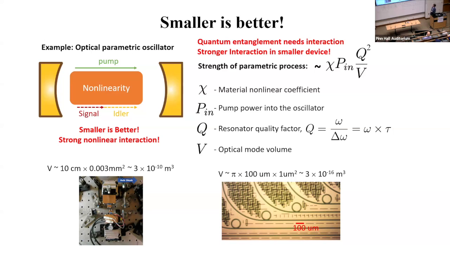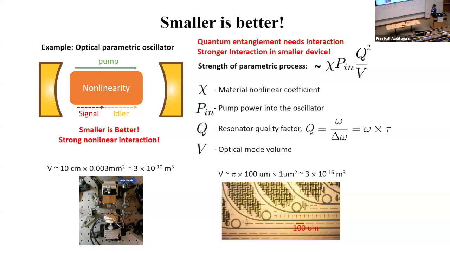That means the interaction strength, if everything else is the same, is 1,000,000 times stronger. Then you can say, okay, I can lower my laser power by 1,000,000 times to generate the same entanglement, or I can use some materials which are more friendly to other things but have smaller interaction. So it really opens up a lot of possibilities when you have a small device.